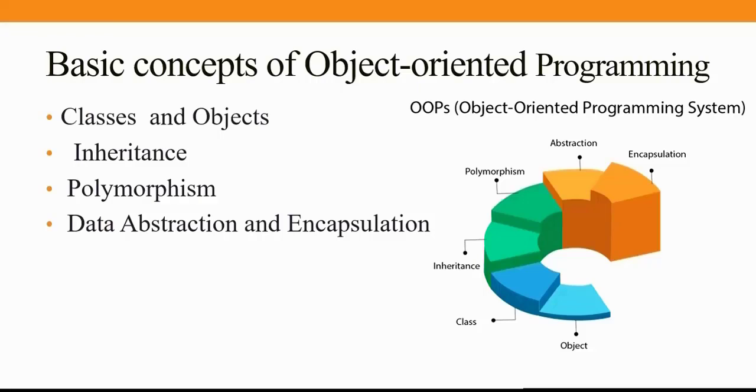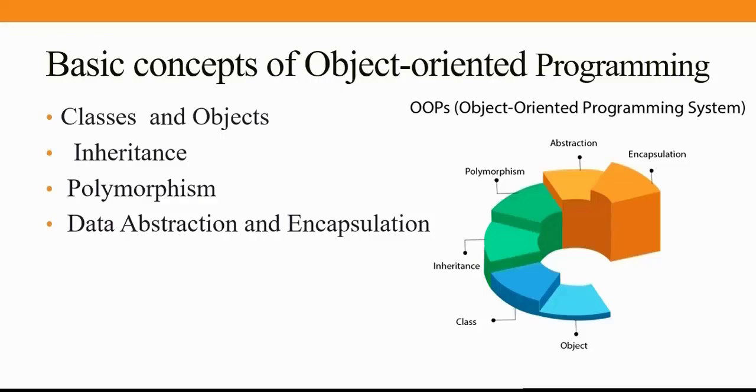We are going to learn each of these things in detail with a practical implementation. As for now, what you need to know is the basic concepts of object oriented programming. So these four are the object oriented concepts in Java programming.